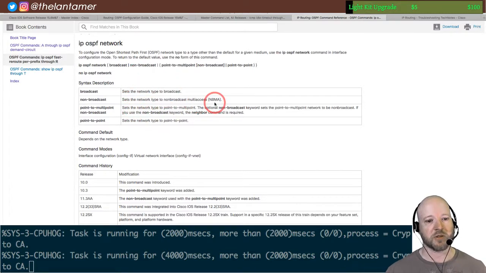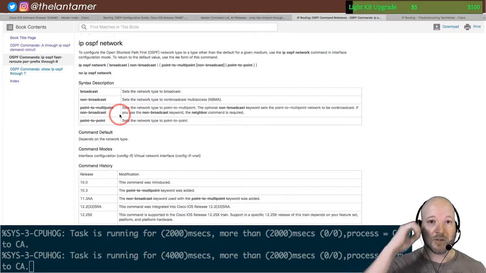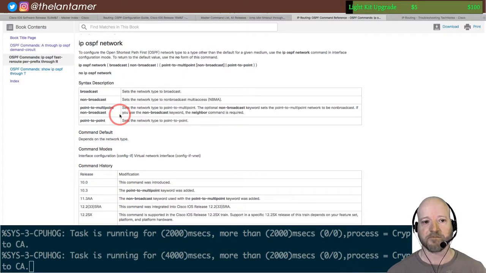Set the network type to non-broadcast multi-access. If we do non-broadcast, the neighbor command is required. That makes sense, because if you do non-broadcast, that means we're not doing multicast, and so we cannot have automatic neighbor discovery. So we're going to have to use the neighbor statement.